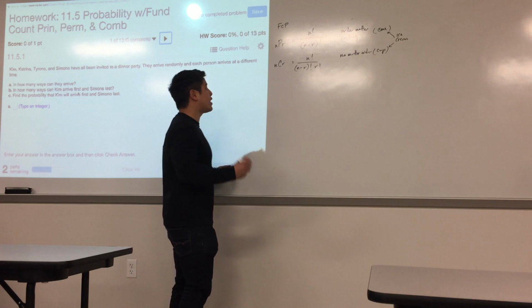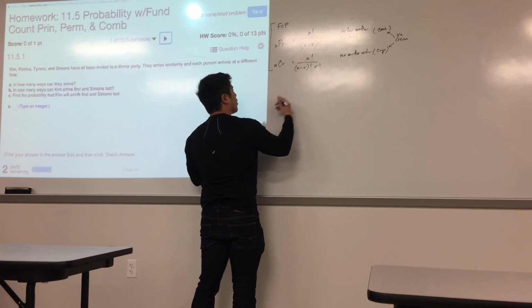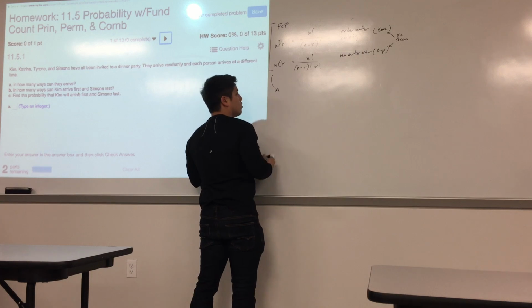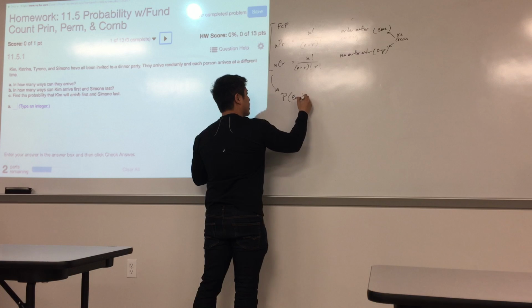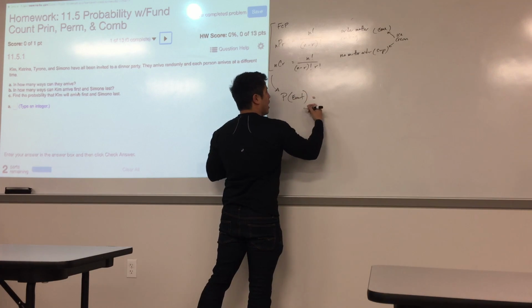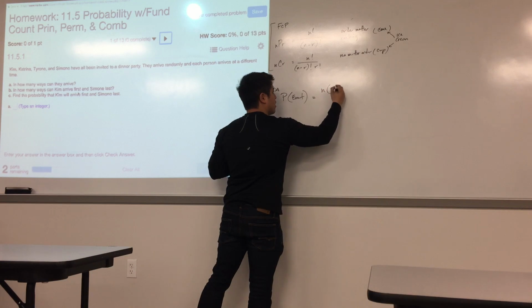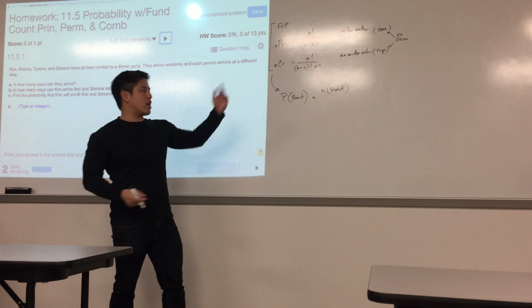Now, we are going to take all these concepts and wrap them into probabilities. So the probability of some event occurring, this is what we did in our last section, is equal to the number of ways the event can occur. I just call it n, it doesn't matter.